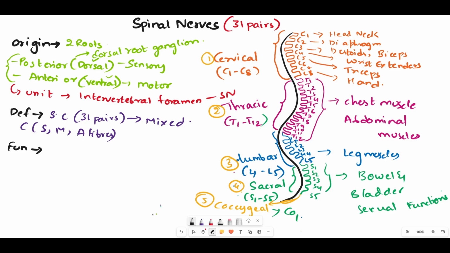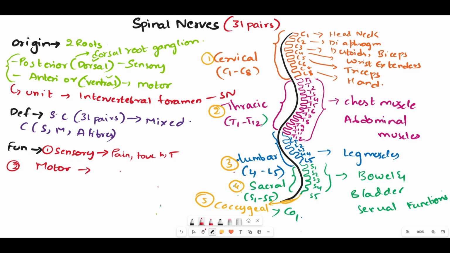Coming back to its functions, as these are mixed nerves, they can perform three different functions. The first one is sensory function. Sensory function includes sensations, especially pain, touch, temperature, from the skin, muscle and joints to the spinal cord. The second one is the motor function.